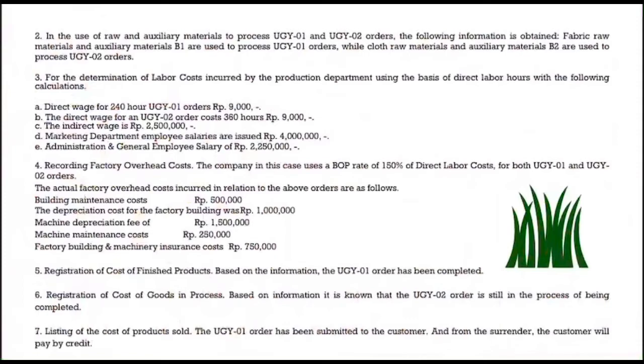Third, for the determination of labor costs incurred by the production department using the basis of direct labor hours, the calculations are as follows. The first is direct wage for UJ1 orders, 240 hours at 900 rupiah, and the direct wage for UJ2 orders, 360 hours at 900 rupiah, and the indirect wage is 2,500,000 rupiah.